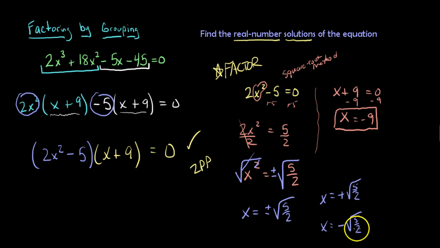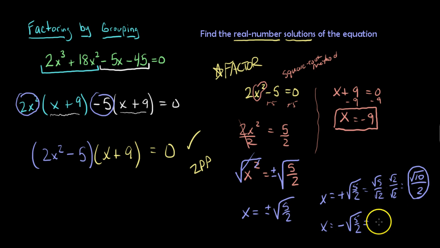Now remember, we talked about this in class. I would still take this particular square root and rationalize it by taking root 2 over root 2 and getting, as we did in class, the square root of 10 over 2. So there would be one of your answers, positive square root of 10 over 2.